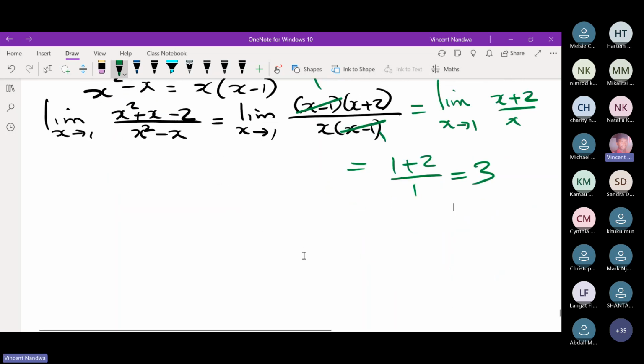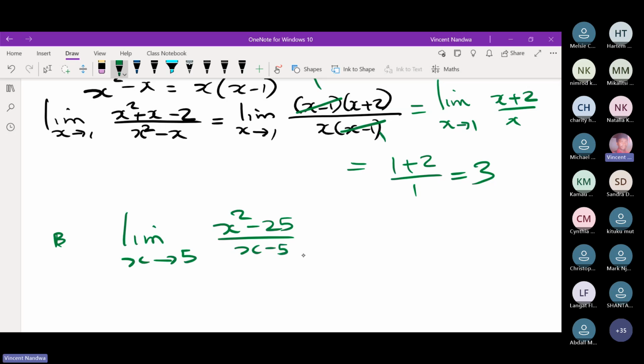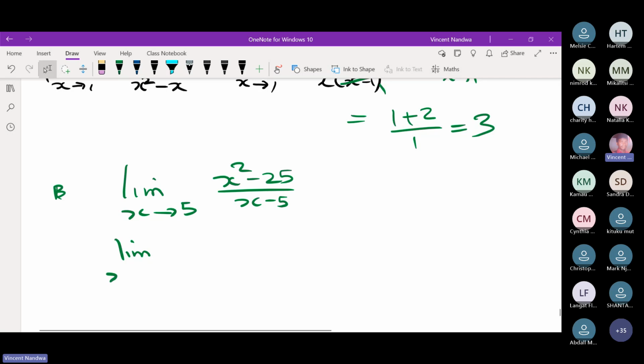So I want you to quickly solve and find these limits. A: the limit as x approaches 5 of x squared minus 25 over x minus 5. B: the limit as x approaches 1 of x cubed minus 1 over x minus 1.